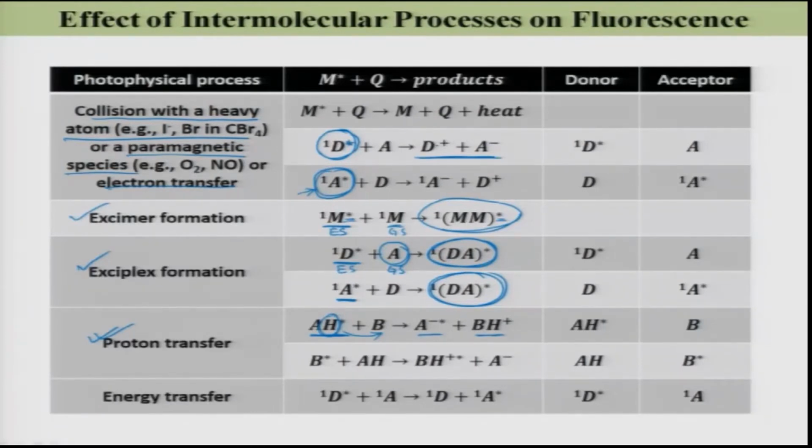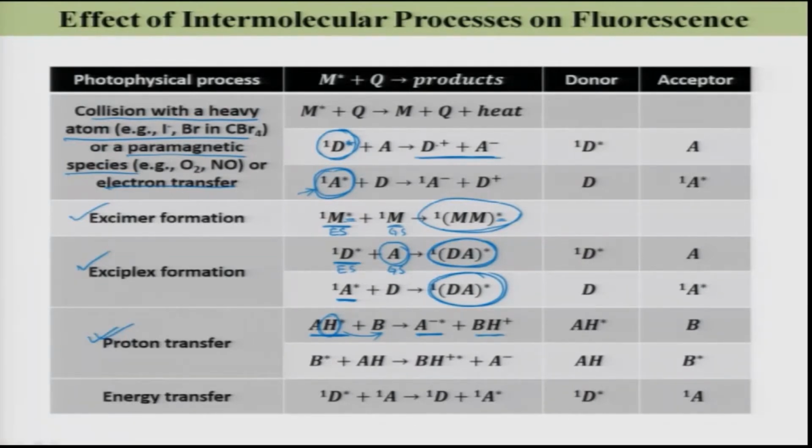So, in this case the nature of emission of AH star and A minus star is quite different, right. So, you will see the number of AH star is being reduced because of this proton transfer, and the formation of A minus star is taking place.